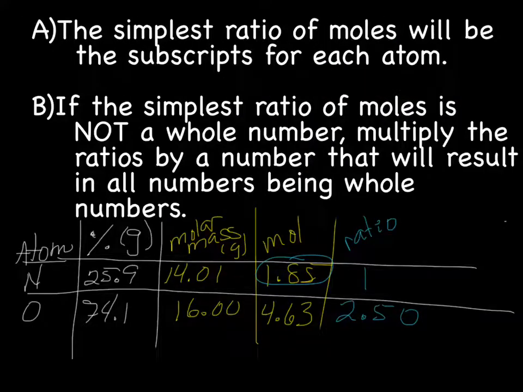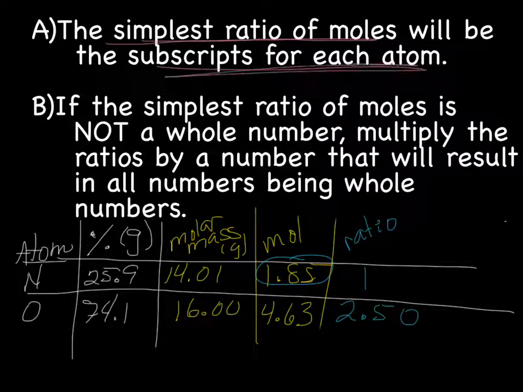All right, last step. The simplest ratio of moles will be the subscripts for each atom. However, if the simplest ratio is not a whole number, multiply the ratios by a number that will result in all numbers being whole numbers. So if we look at our ratios, we have 1, which is a whole number, and 2.5, which is not.